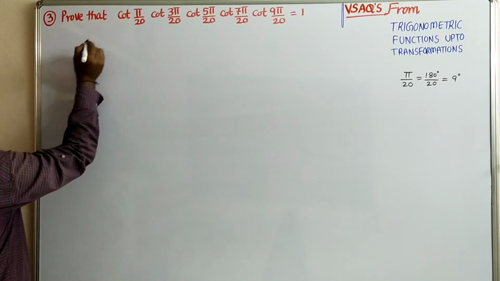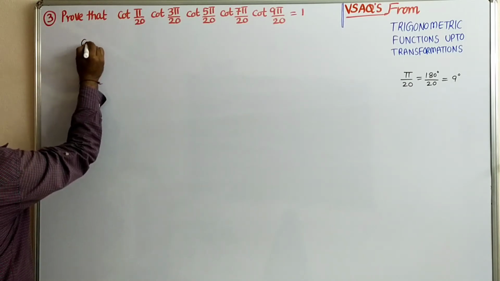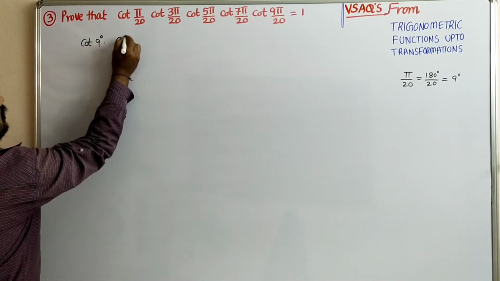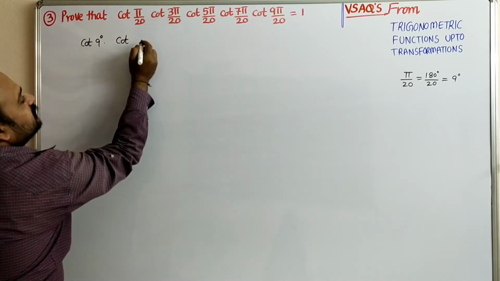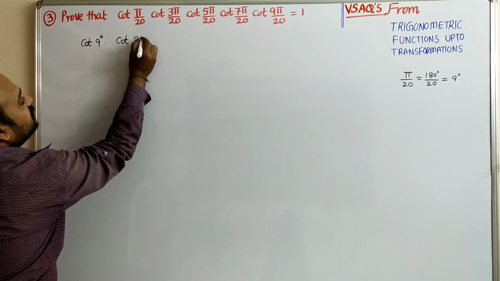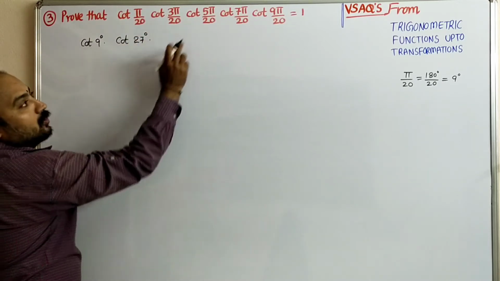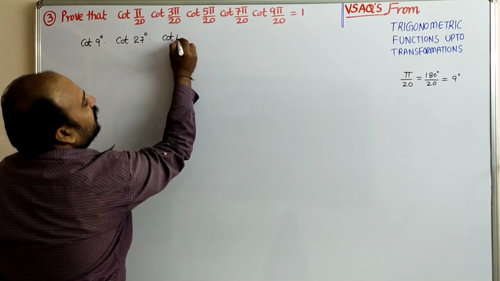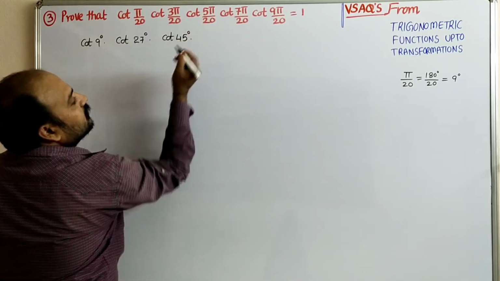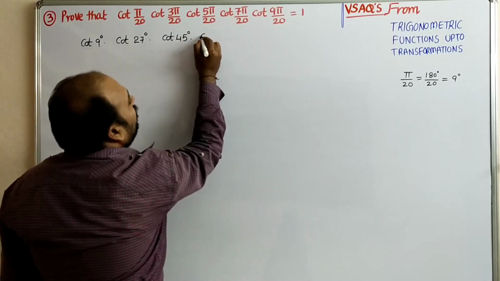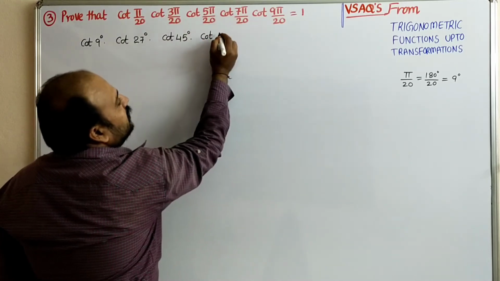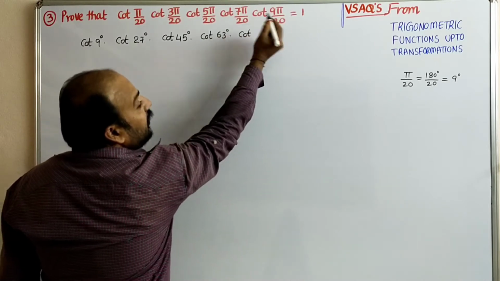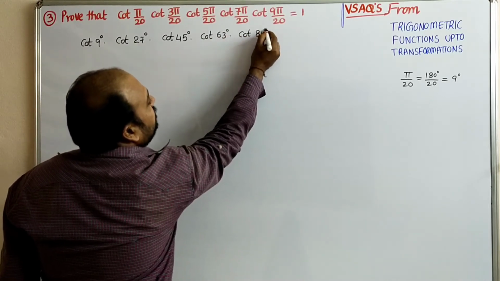Therefore, it becomes cot 9 degrees, cot 3 into 9 degrees, 3 into 9, 27 degrees, into cot 5 into 9, 45 degrees, into cot 7 into 9, 63 degrees, cot 9 into 9 degrees, 81 degrees.